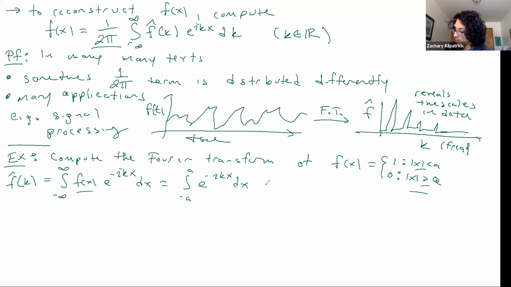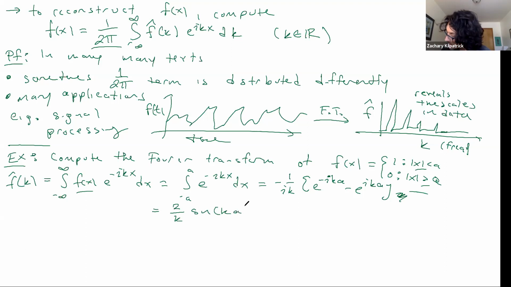And so if I take this integral, I'm going to get minus 1 over ik, e to the minus i ka minus e to the i ka, or in other words, 2 over k sine of ka.